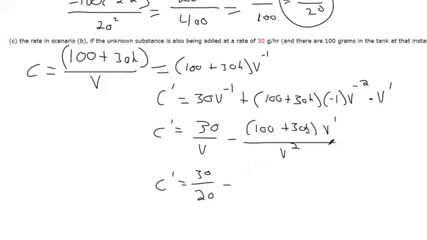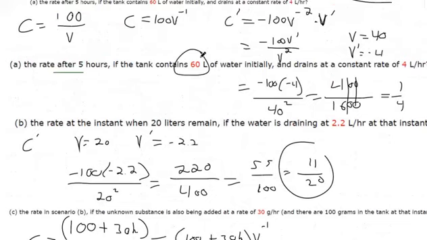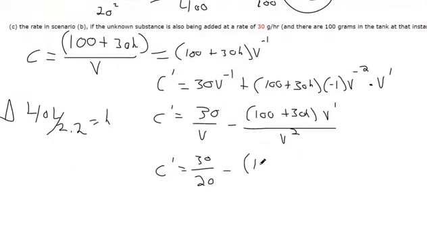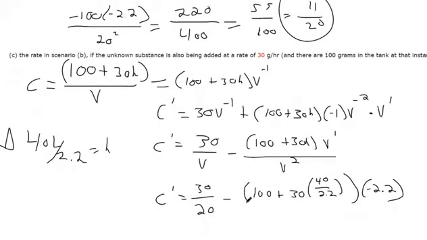We don't know how much time has passed, but we can figure that out because in part A, we started with 60 liters. In part B, we were down to 20 liters. That's a change of 40 liters, right? And if we're decreasing by 2.2 liters per hour, that represents how much time has gone by. Okay, so when we plug in a number for H, we're plugging in 40 over 2.2. And then V prime is negative 2.2 because we're decreasing by 2.2 liters per hour, just like in the last problem. And then V squared.